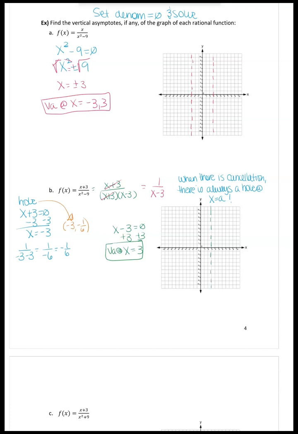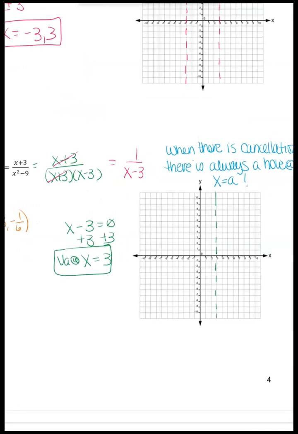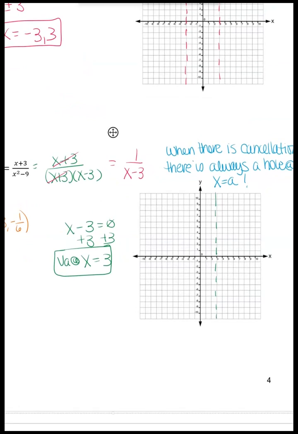And then at negative 3, negative 1/6 is going to be our other one. It's a hole, so we have to make it an open circle, because that's how we denote a hole.